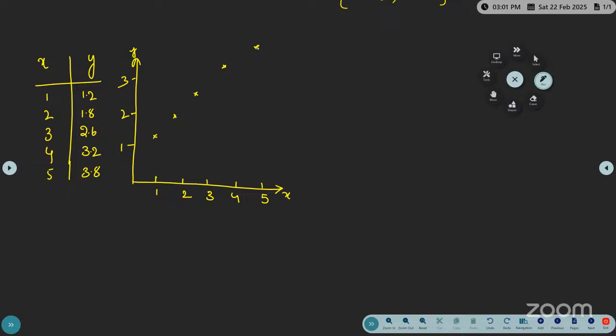We cannot draw a direct line meeting all the points that we have here, right? So 1.2, 1.8, 2.6, these have multiple differences. Here 1.2 and 1.6 has a difference of 6, 1.8 to 2.6 has a difference of 8, and here to here again 6, and here to here 6.